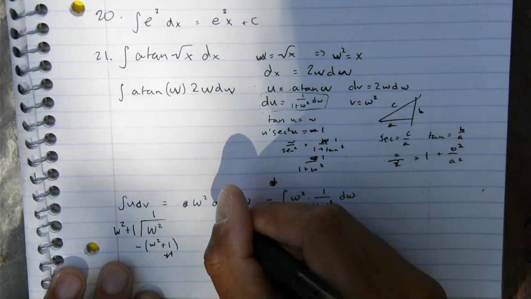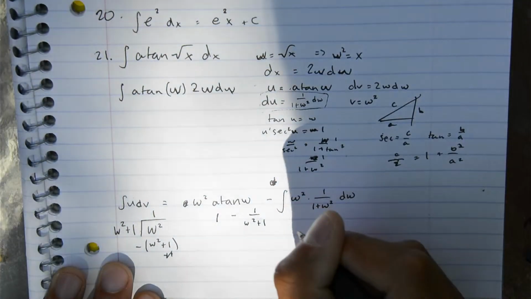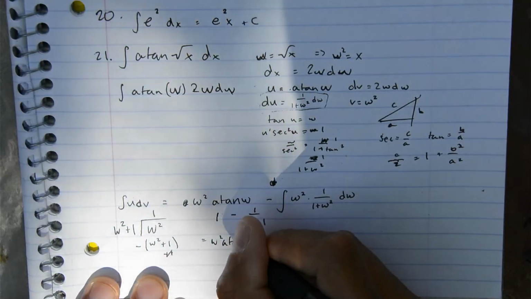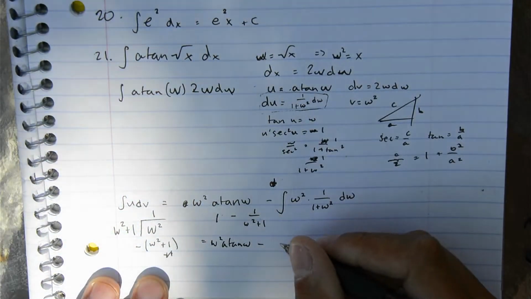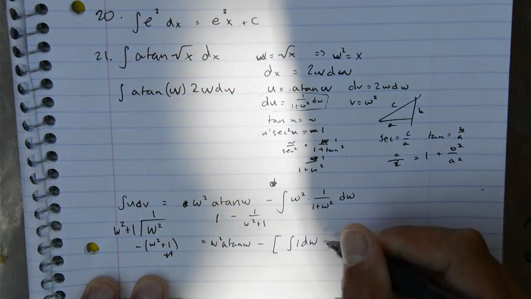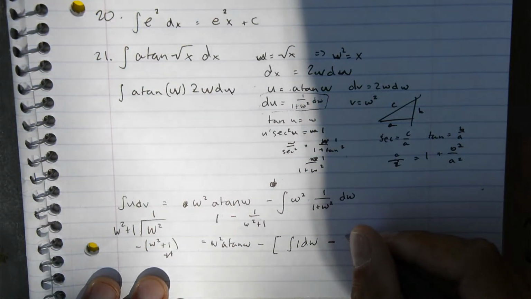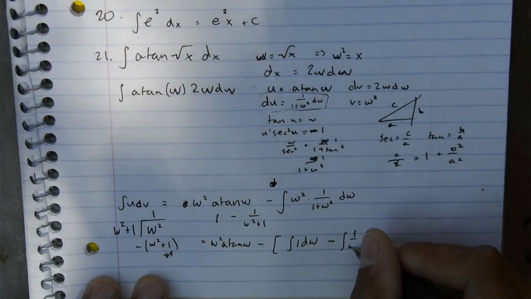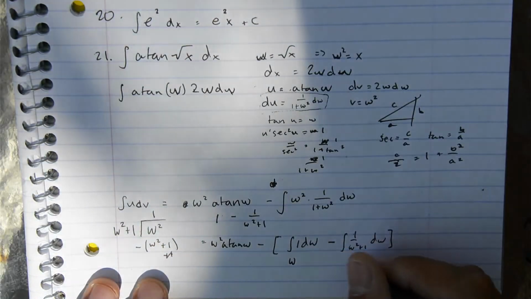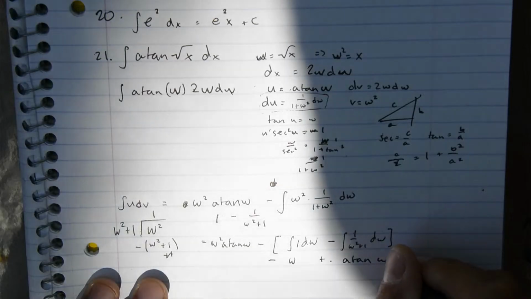So this is just going to be 1 minus 1 over w squared plus 1. Oh, yeah. So this is equal to w squared arctan w minus the integral of 1 dw minus the integral of 1 over w squared plus 1 dw, which I think is just going to be arctan w. So minus w plus arctan w.